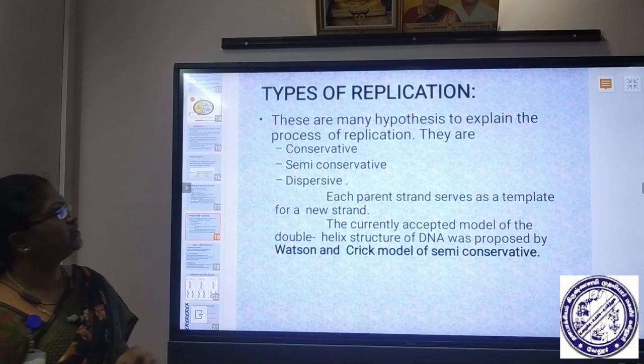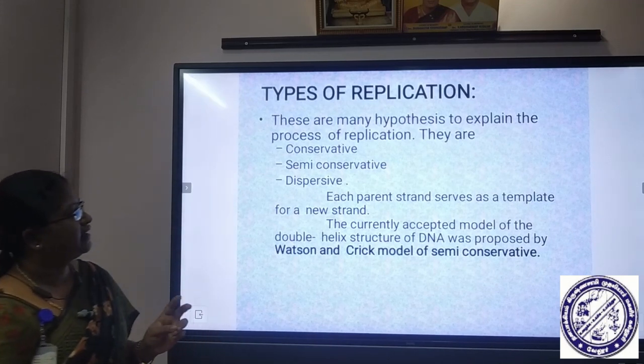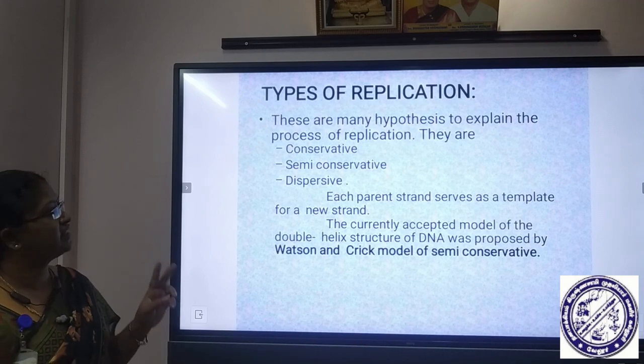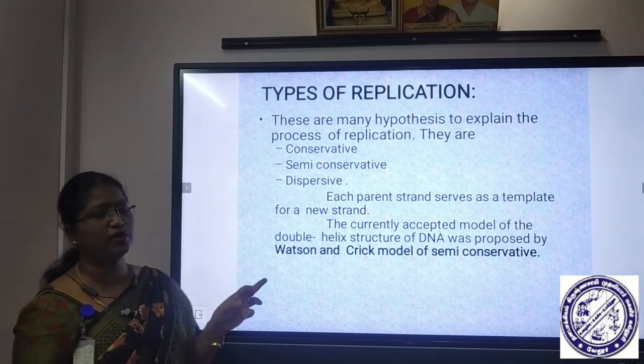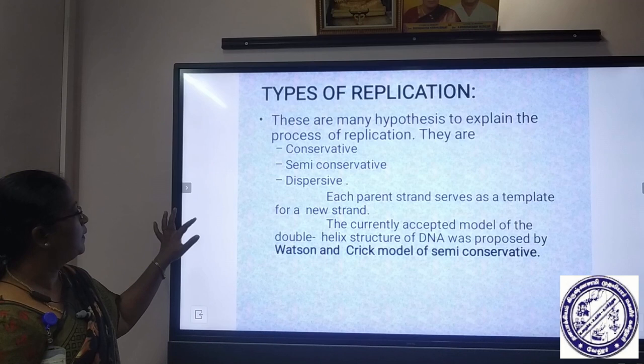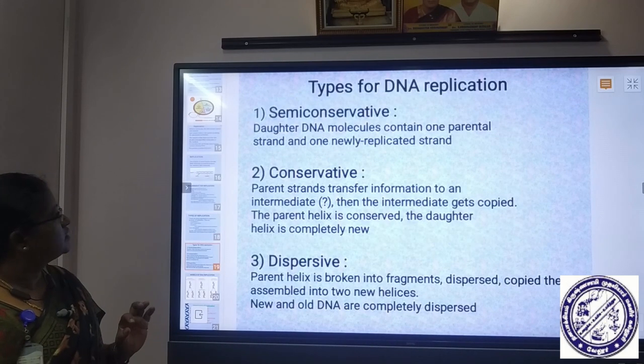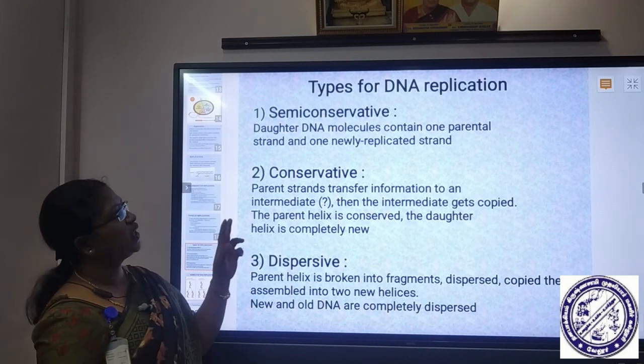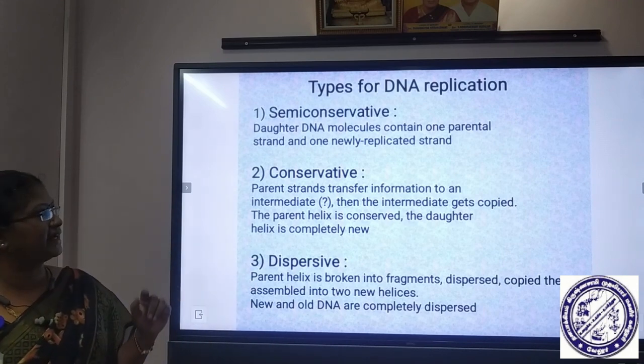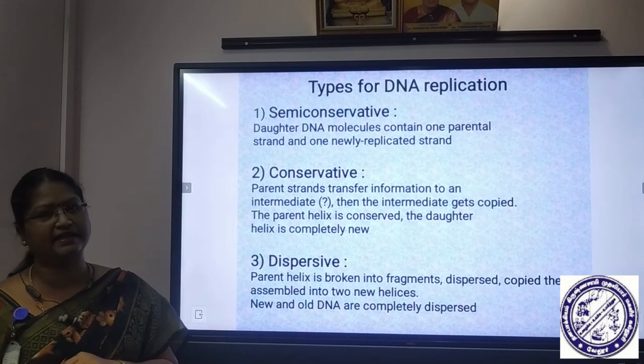Then move on to the types of replication. There are three main types of replication, that is conservative, semi-conservative and dispersive. Semi-conservative means the daughter DNA molecule contains one parental strand and one newly replicated strand.